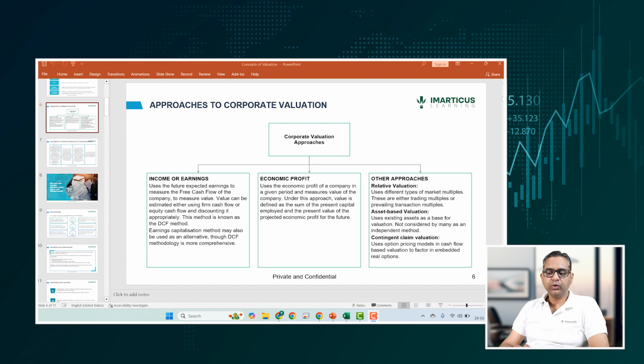Now, those future cash flows should be free cash flows. That means those cash flows which are available for distribution, those can be considered as returns for our capital providers. So capital providers include debt and equity.